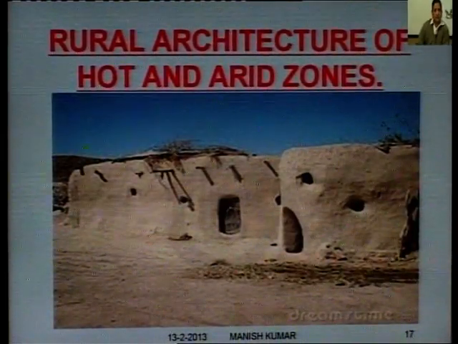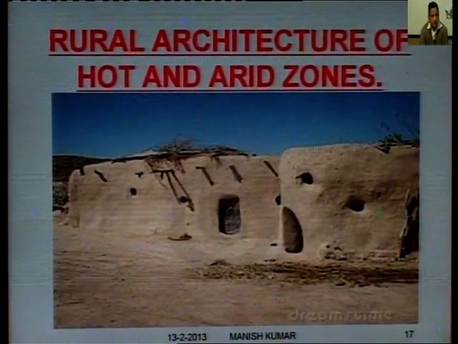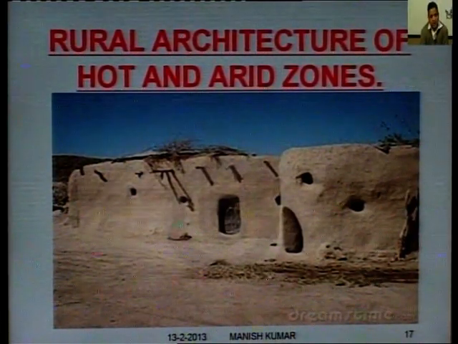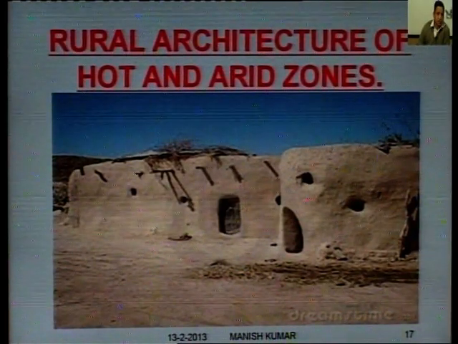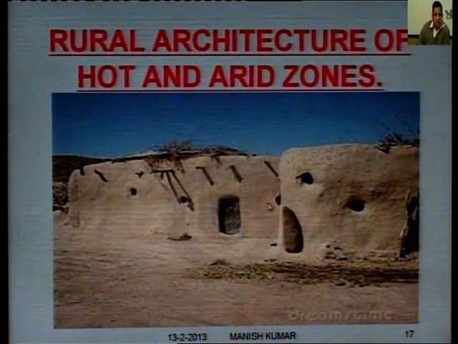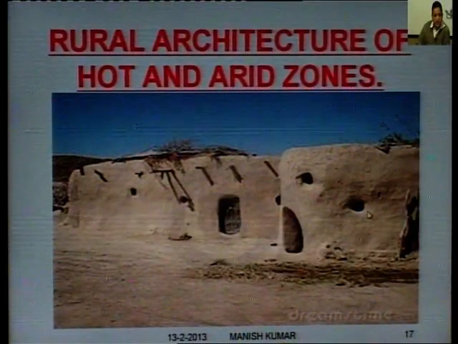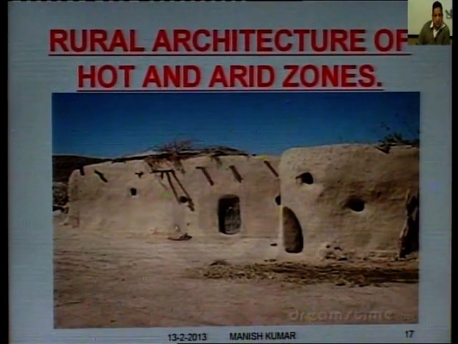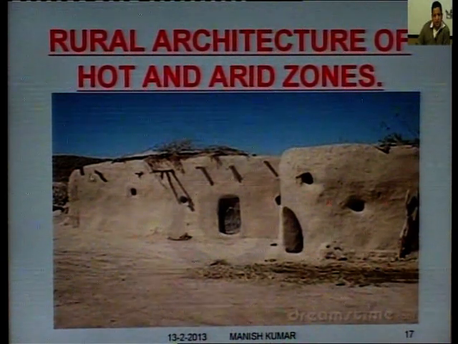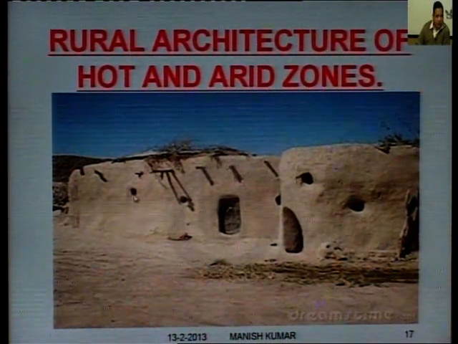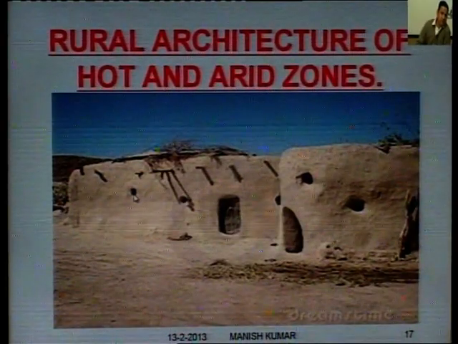We will start with the typical rural settings, how they used to protect themselves in this type of climate. This slide clearly explains everything. We can see these are typical rural dwelling units. Basically, the wall is totally dead with very few, small windows.